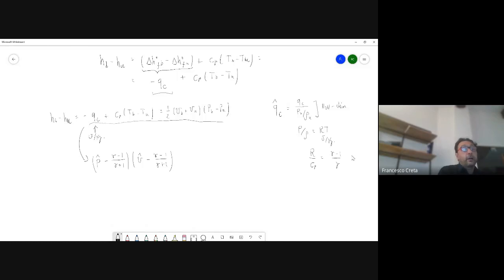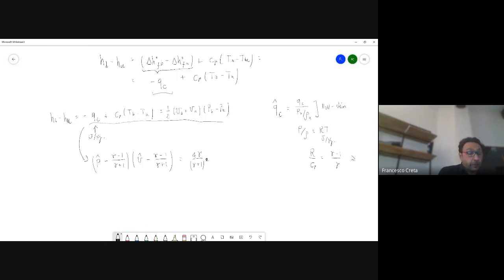So you see that on the left-hand side we have a nonlinear function of P hat and V hat. Then we have a constant. Gamma is clearly the ratio of the specific heats, so it depends on the gas itself.